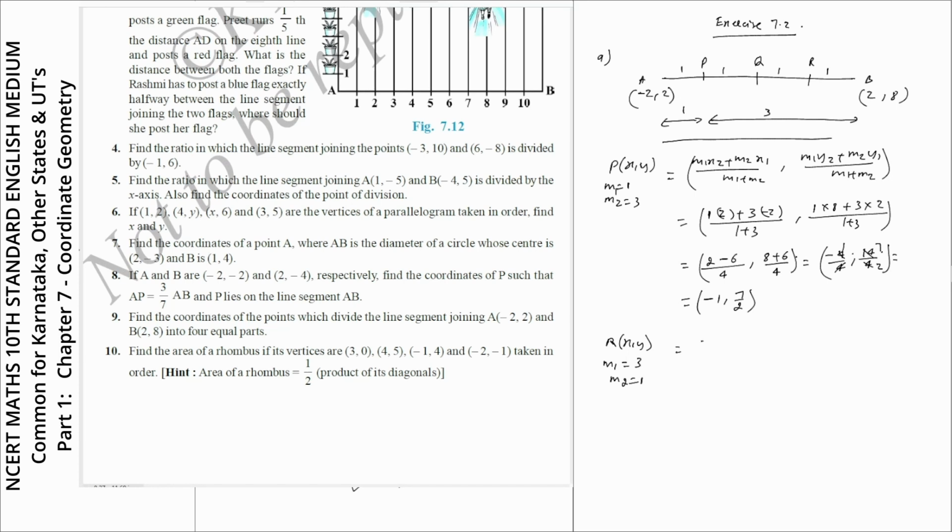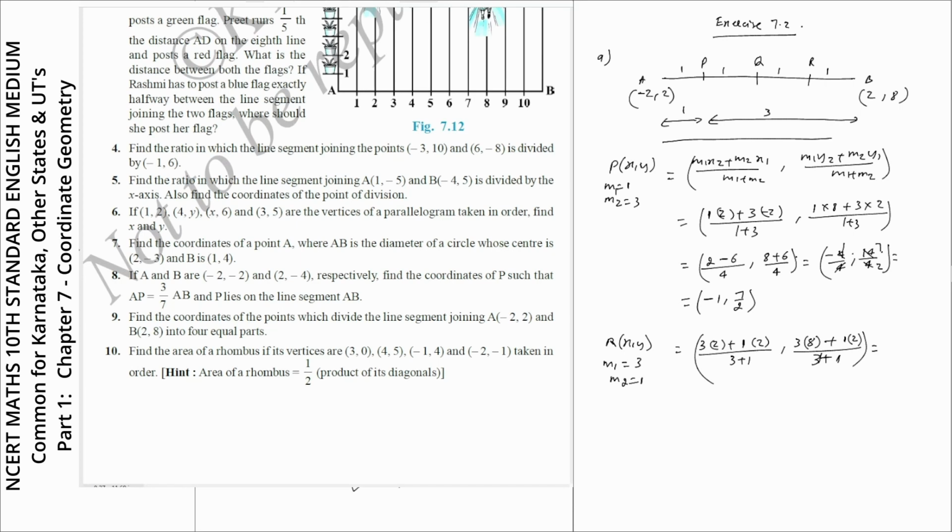M1 is 3 and x2 is 2, plus M2 is 1, x1 is minus 2, divided by M1 plus M2, 3 plus 1, comma, M1 is 3 into y2 is 8 plus M2 is 1, y1 is 2, divided by 3 plus 1.